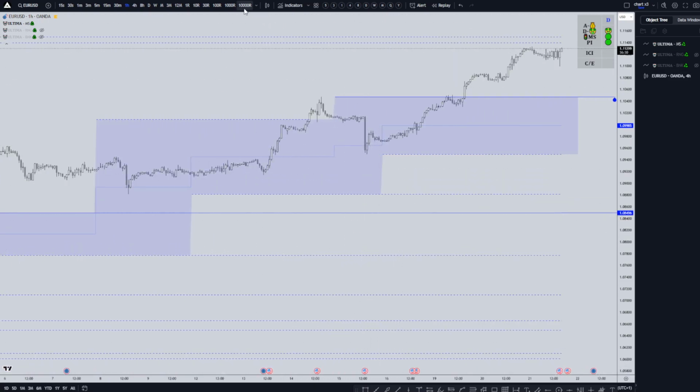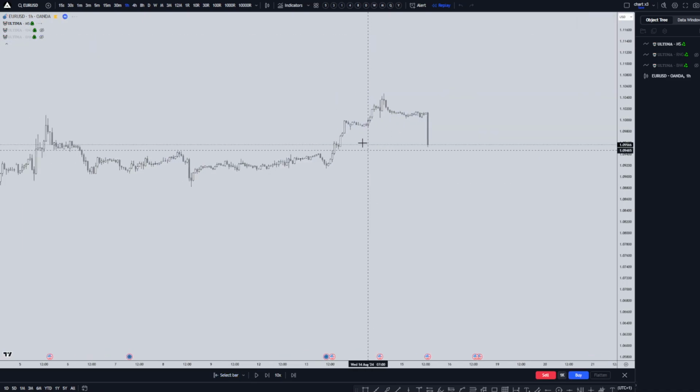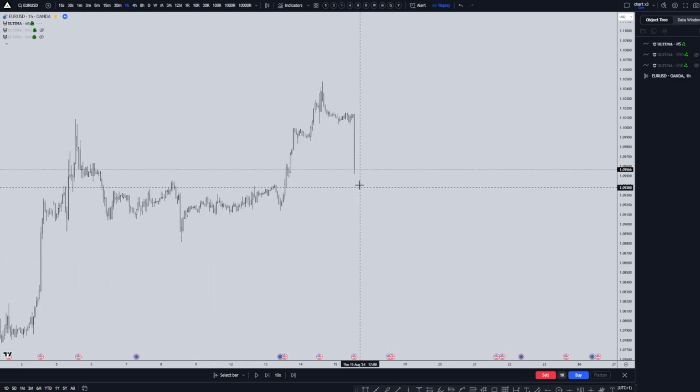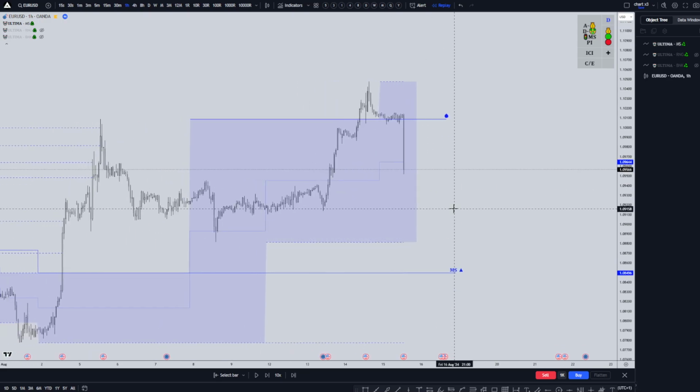If I do bar replay, is it going to show? Let's say we had this pullback and price was below that 50% of the structure, right, exactly here. I'm not sure if this shows on bar replay or not. Oh, it does. So basically, alright, cool. This table shows you the conditions in the bar replay as well, which is interesting. I only talked about this in live.